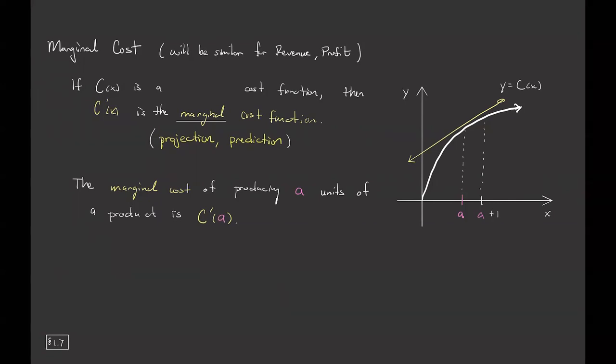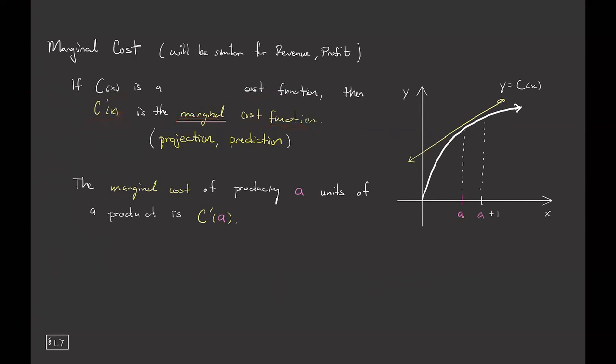So the marginal cost is just a fancy name for something we already know. In particular, if c of x is a cost function, then we would say c prime of x, which is the first derivative of c with respect to x, we would call this the marginal cost function.